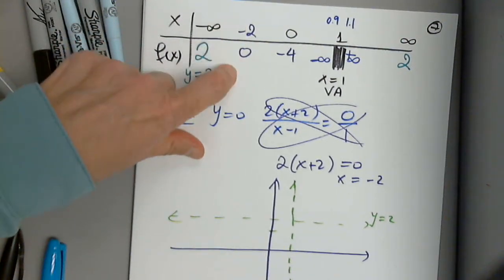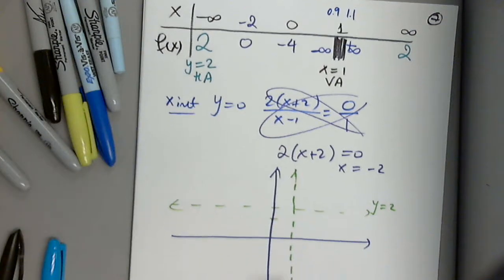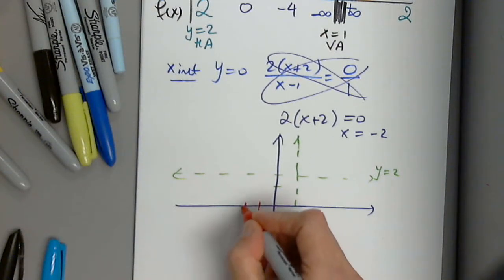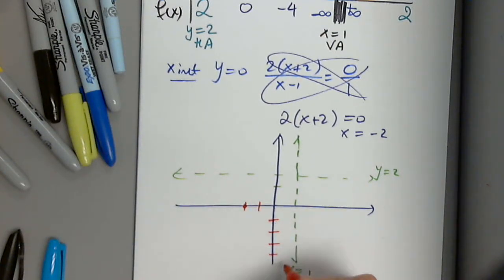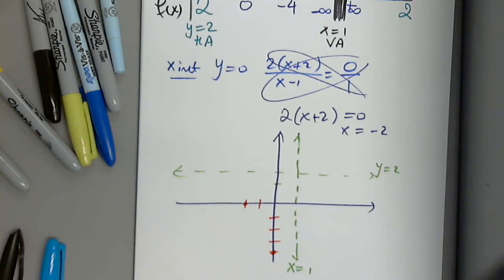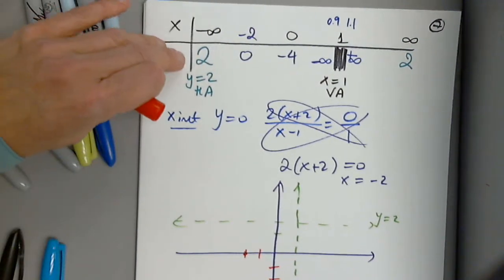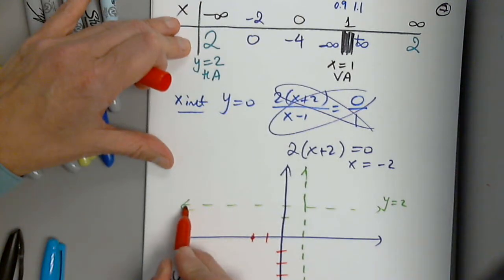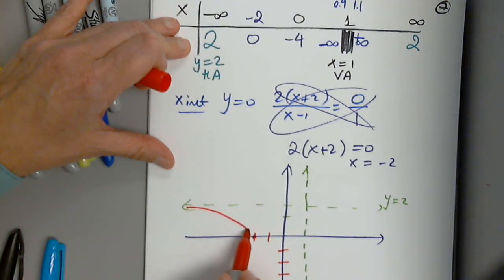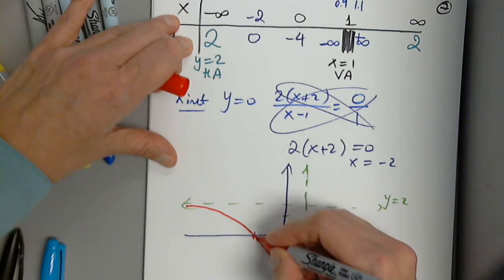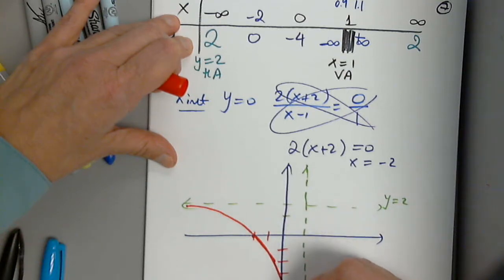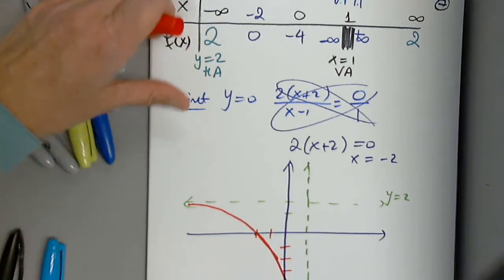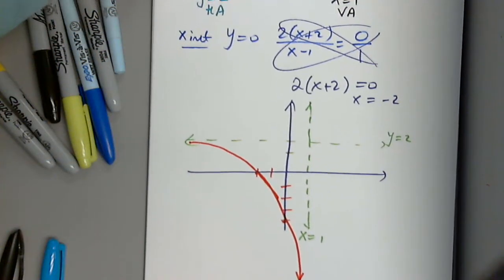I have -2, 0, and 0, -4. So -2, 0. 0, -4. And then again, I look at my table. From approaching 2, crossing at -2, 0, crossing at 0, -4, and approaching -infinity on the left-hand side of the vertical asymptote.